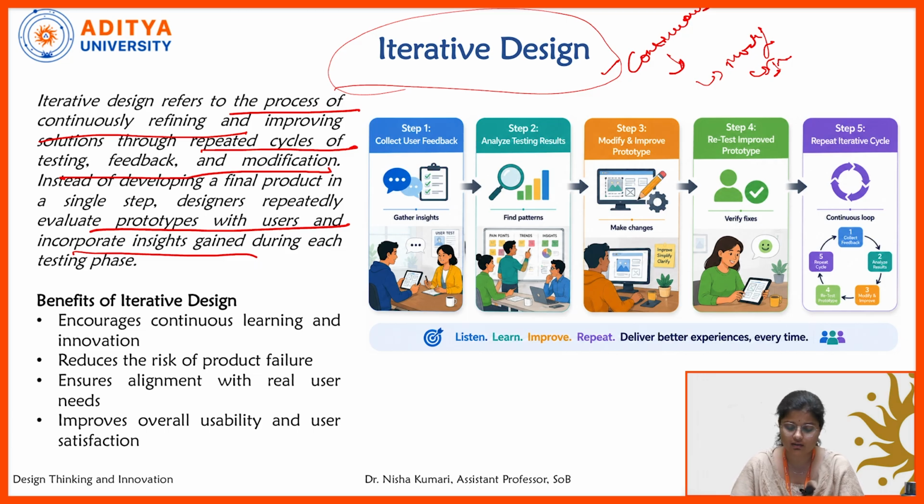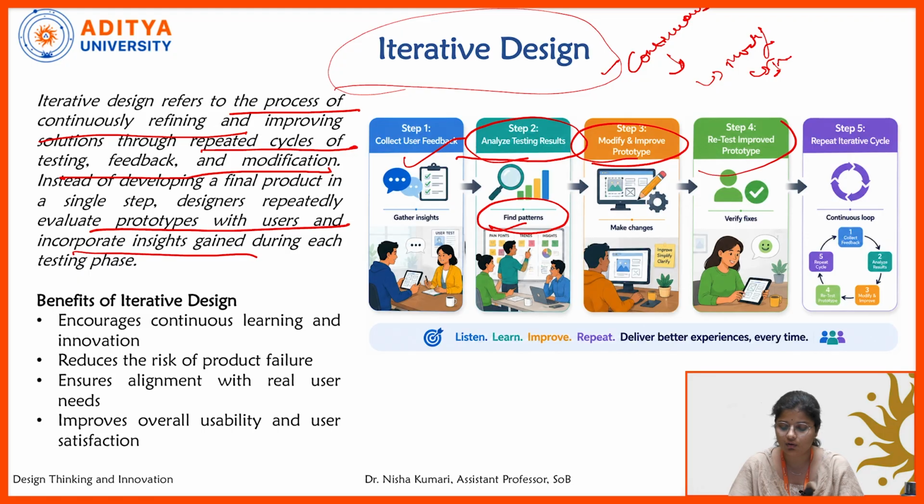So how does it work? First we collect user feedback and gather insights from the users. Then we analyze the data by identifying and understanding the different patterns, and based on those patterns we modify or improve the product.